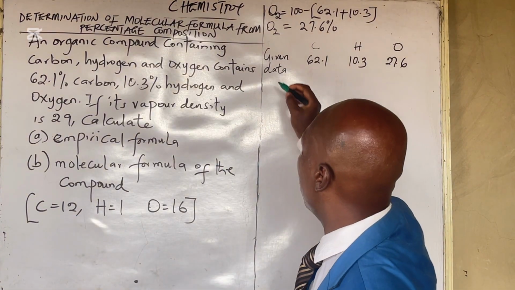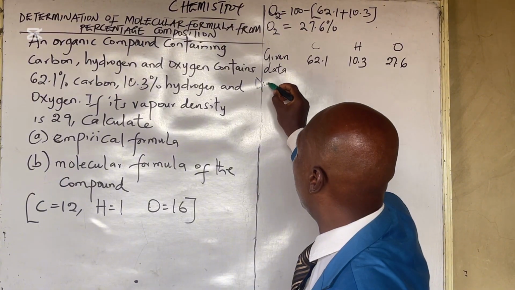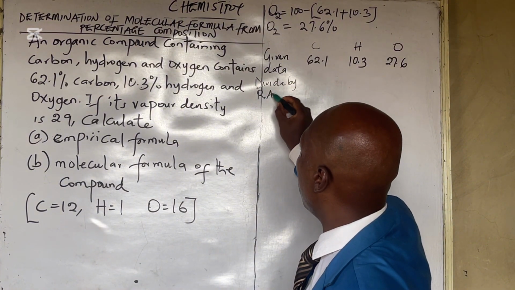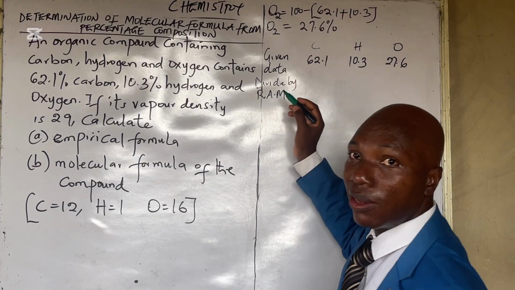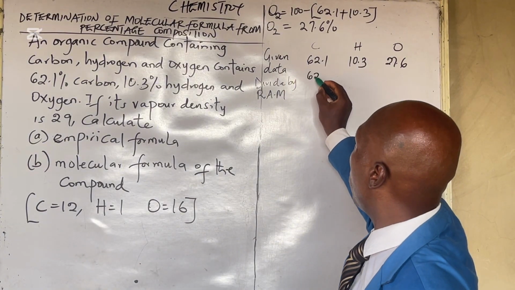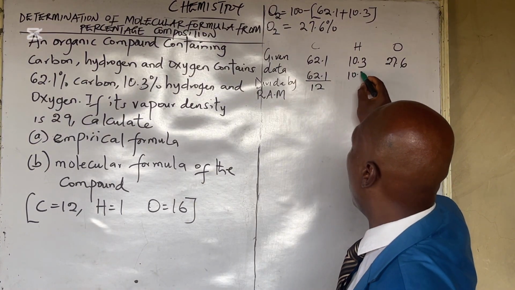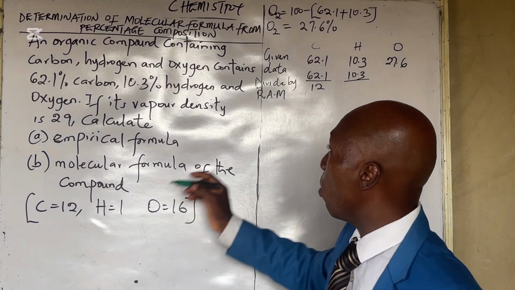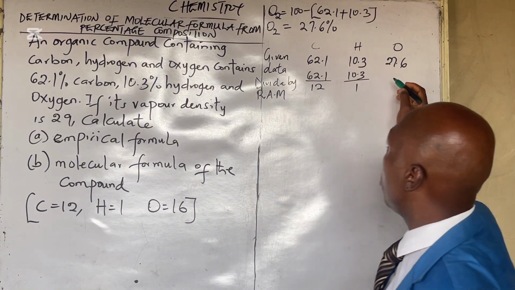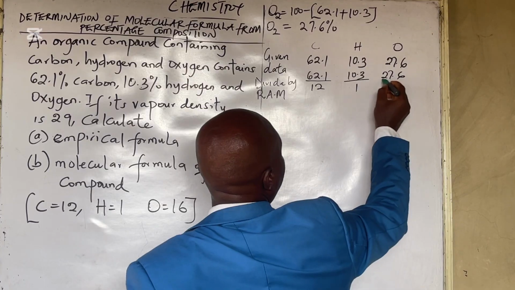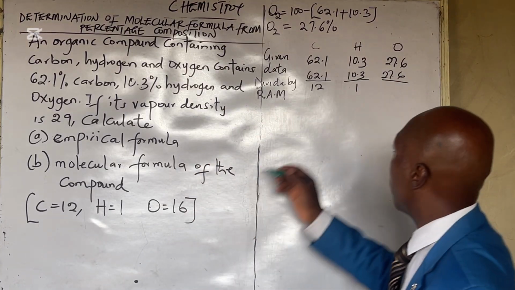The next stage you do is to divide by the relative atomic masses. Relative atomic mass of carbon is 12, so 62.1 divided by 12. Hydrogen is 10.3 divided by 1. And oxygen is 27.6 divided by 16.